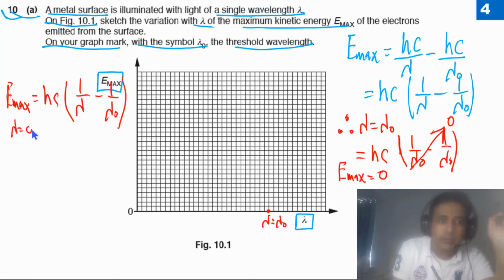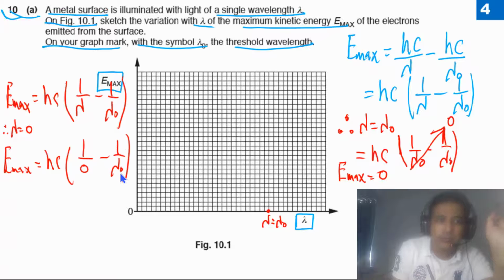If lambda is equal to 0, then Emax will be equal to hc times 1 over 0, meaning infinite, minus 1 over lambda naught. So in this case Emax will be infinite.